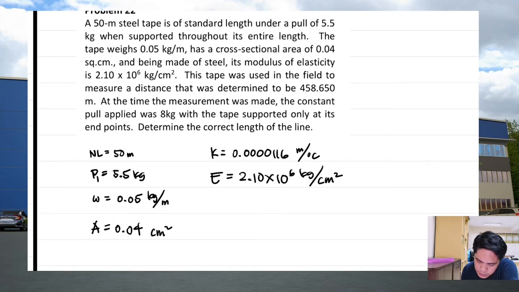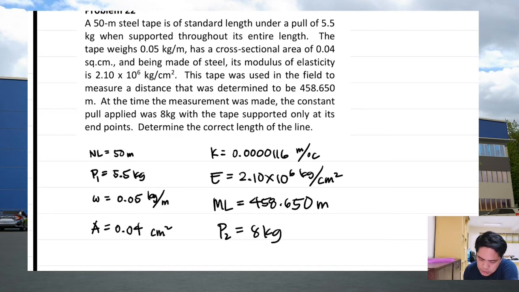Then, this tape was used in the field to measure a distance that was determined to be 458.650. So that is actually the measured length, 458.650 meters. At the time the measurement was made, the constant pull applied, so that would be our P2, the applied tension, was 8 kilograms, with the tape supported only at its end points.